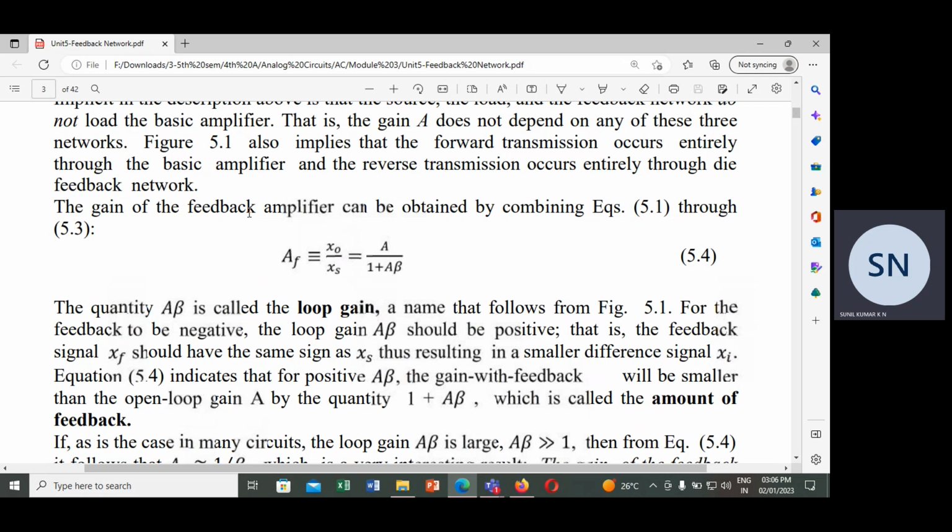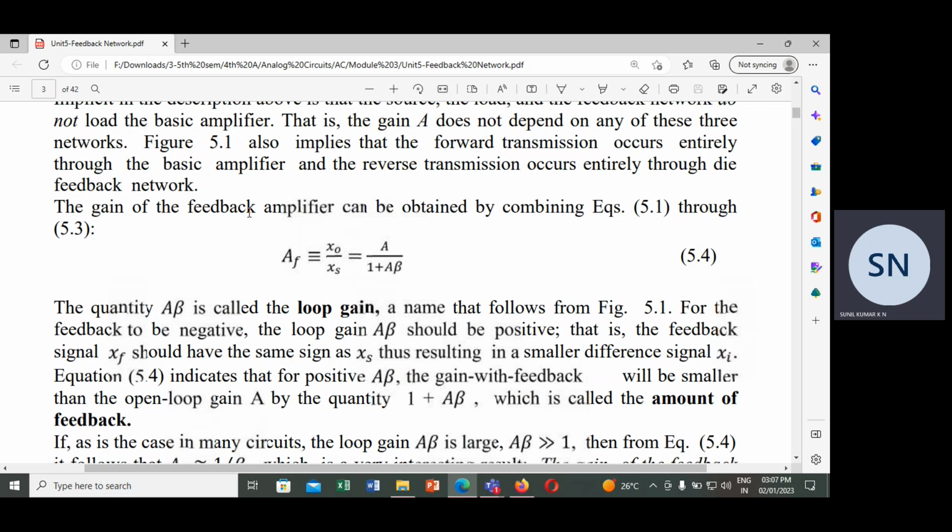So AF is equal to what? X naught by xs, the feedback gain.